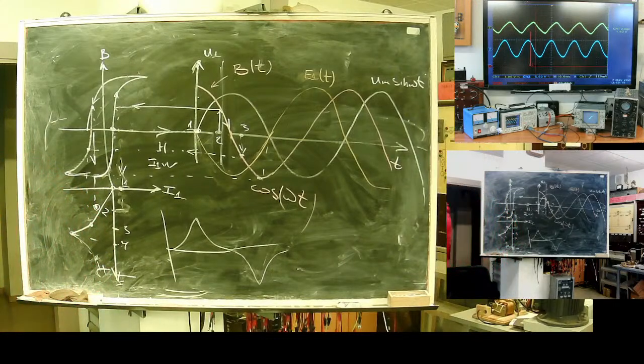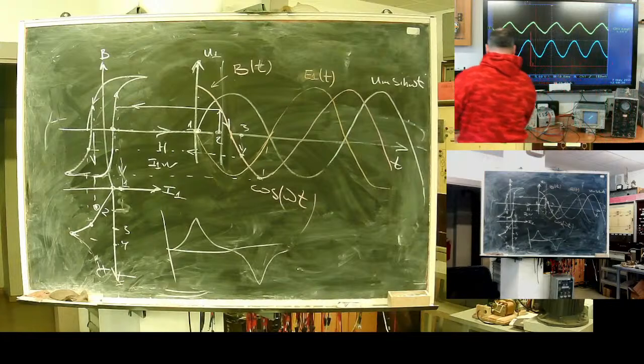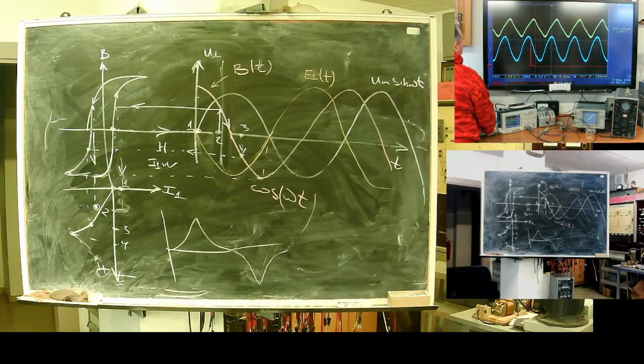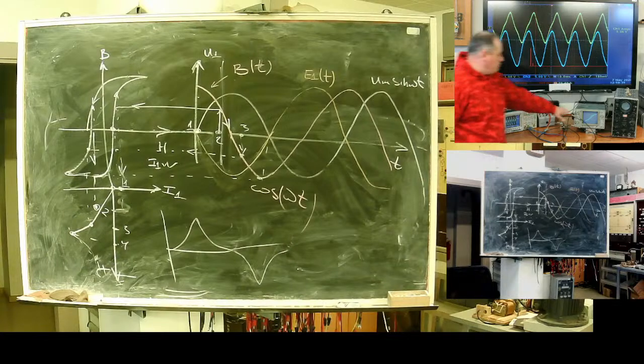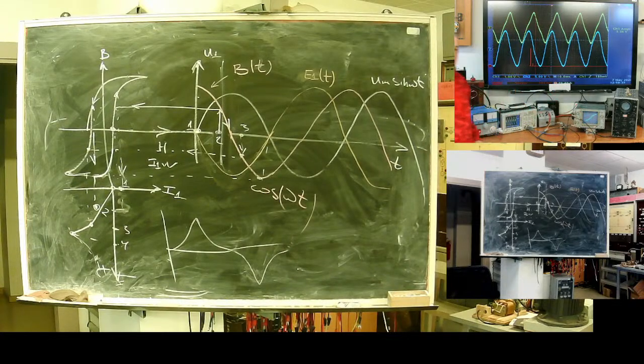For my transformer, yellow line is a primary current. Look how it changed. See? See what happens when I'm deep into the saturation.